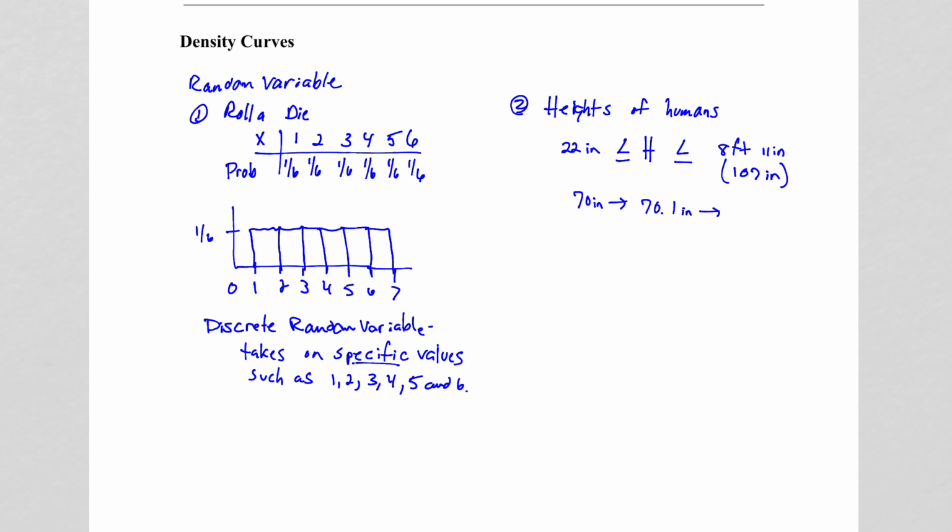And maybe if we had even more precise tools, we could measure my height to be 70.0934, who knows how precise we want to get. But the point is, this variable is not taking on specific values. There's an infinite number of values between 22 and 107 inches. This is what's called a continuous random variable.